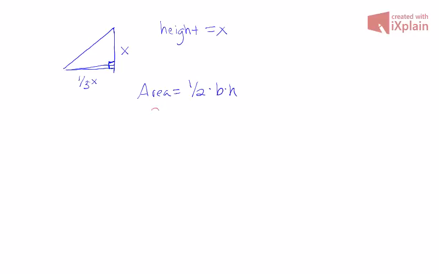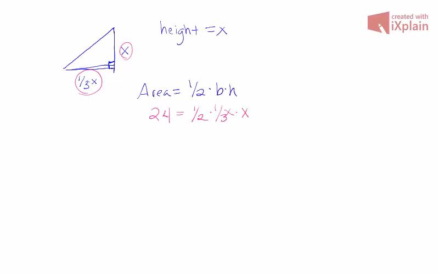We know that the area of this triangle is 24 square meters. We also know that since 1/2 is a constant, it just naturally flows into your setup. As far as the base, we've identified it over here as 1/3 x, so we can do 1/3 x, and then our height is x.